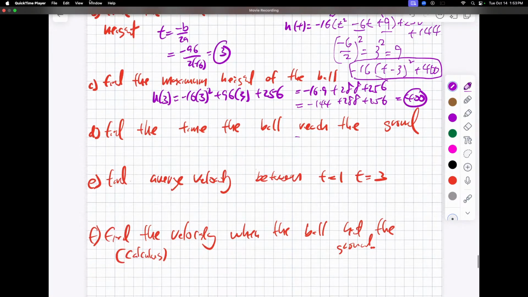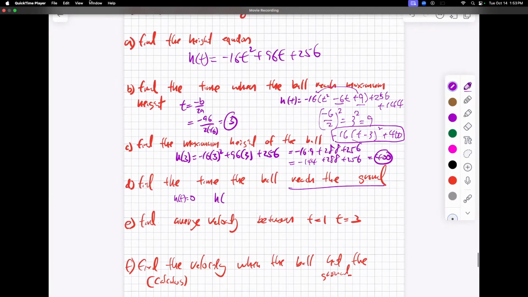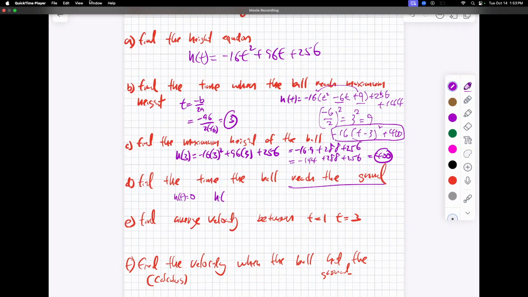Find the time when they reach the ground. What is reach the ground? h of t is equal to 0. Is that okay? That means height is equal to 0. And if height equals 0, guess what? h of t equals 0. So 0 equals negative 16t squared plus 96t plus 256.